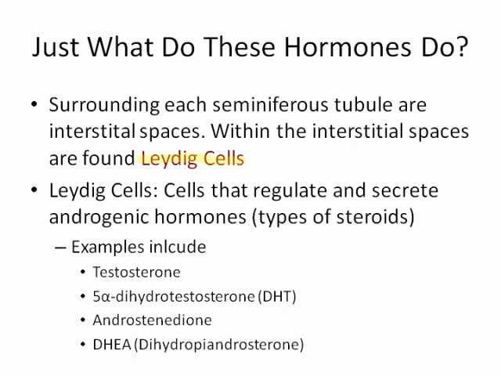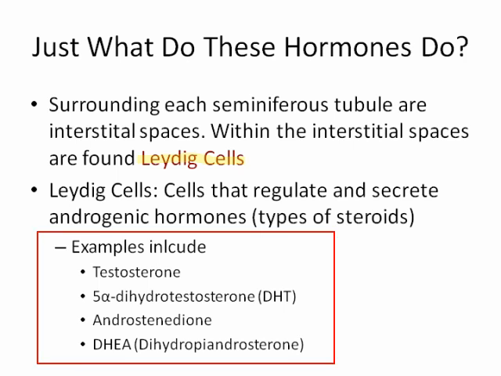It's the Leydig cells that are specifically geared towards the production of testosterone. That is primarily their role. That is what they do. Everything that you're looking at here are all examples of androgen-based hormones.